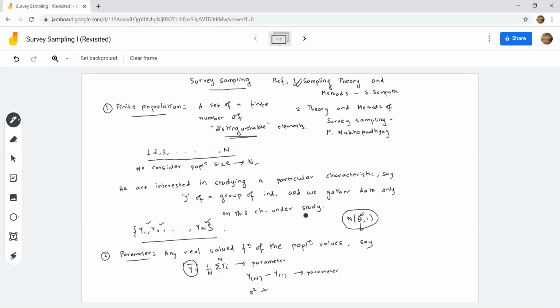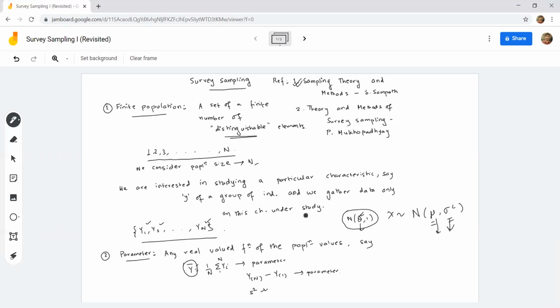For example, in the example you are saying, say normal mu and sigma square. So mu and sigma square were necessary for you to determine the entire distribution, right? So for example, if you want to know the entire distribution of, say, a random variable x following this normal mu sigma square, you needed to know both mu and sigma square, right?